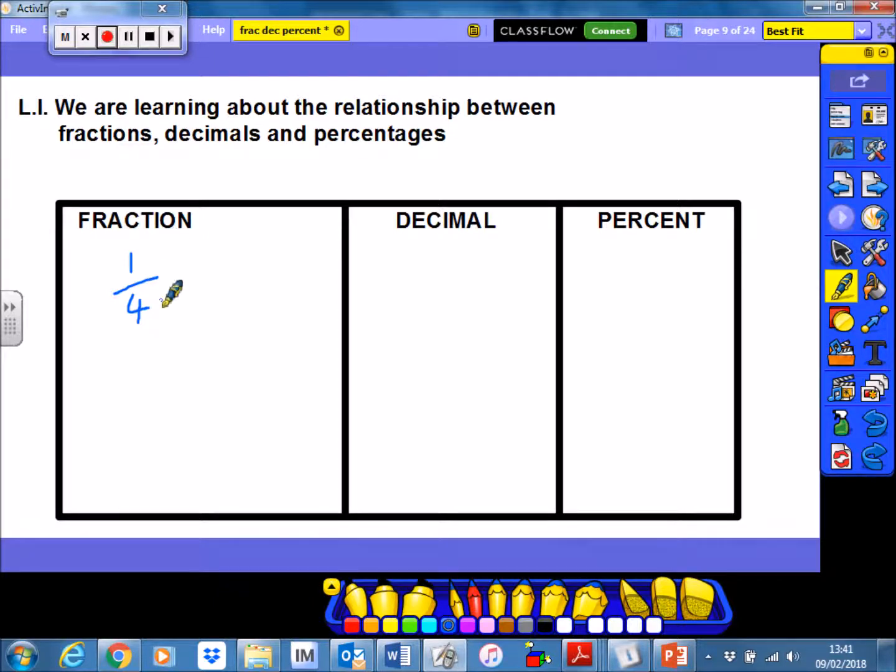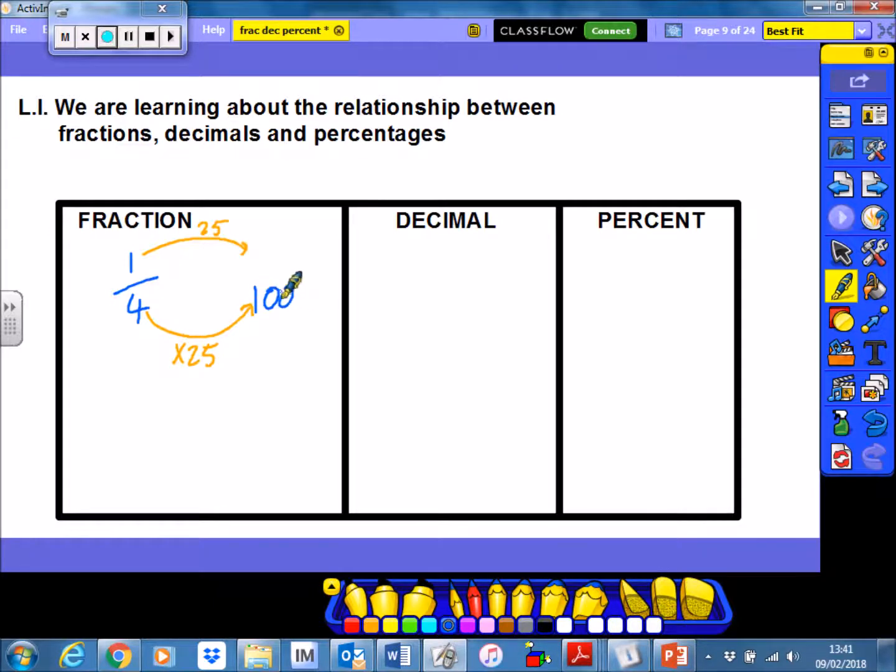However, I can kind of do the opposite of simplifying. I can unsimplify this to make the denominator 100. So in this case, what I'm going to do is I'm going to times this by 25. I times the bottom number by 25, and I times the top number by 25, because I know that 4 times 25 makes 100.